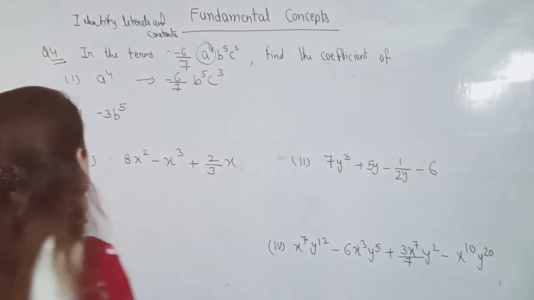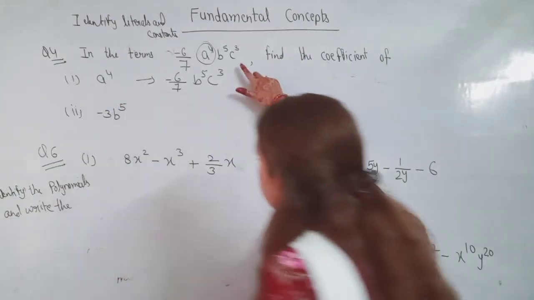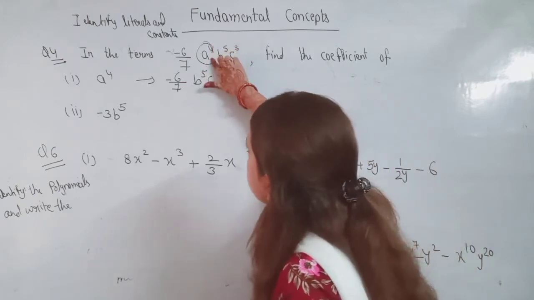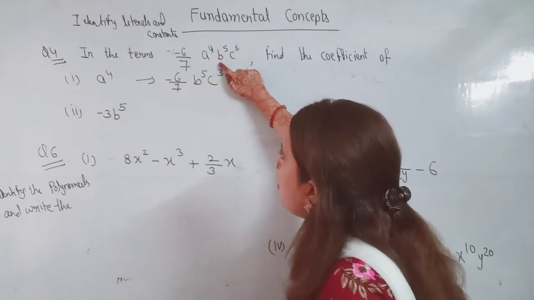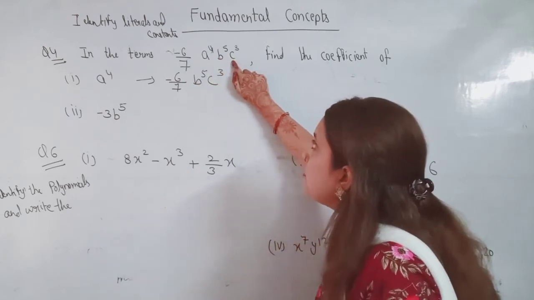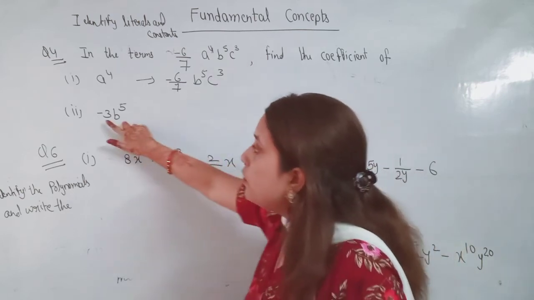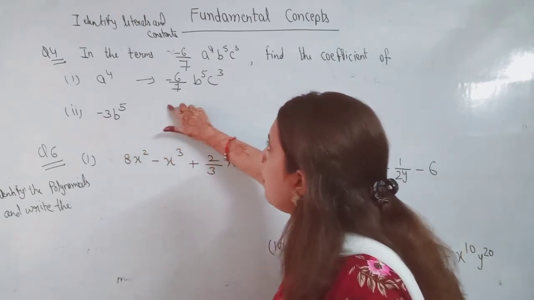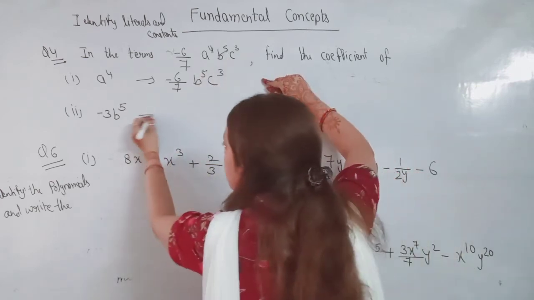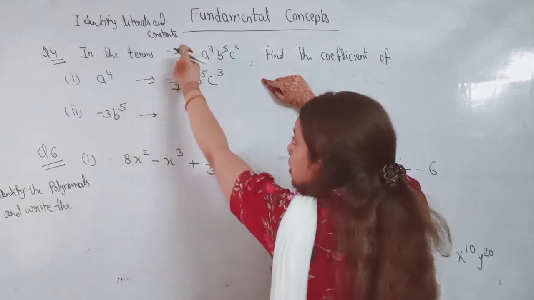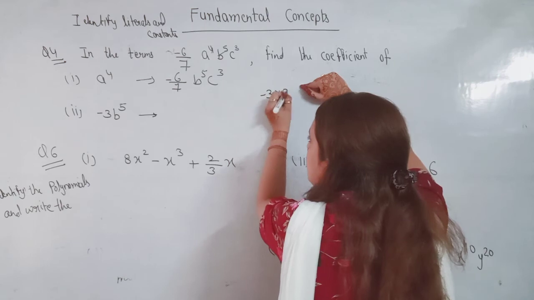Okay, now find the coefficient of minus 3 in this term: minus 6 upon 7, a raised to the power 4, b raised to the power 5, c raised to the power 3. What is the coefficient of minus 3 b raised to the power 5? So b raised to the power 5 cancels. What will be the coefficient of minus 3? Minus 6 will come when we multiply minus 3 by 2.